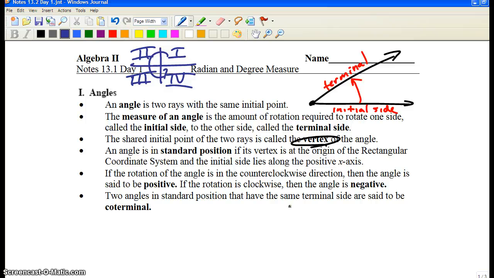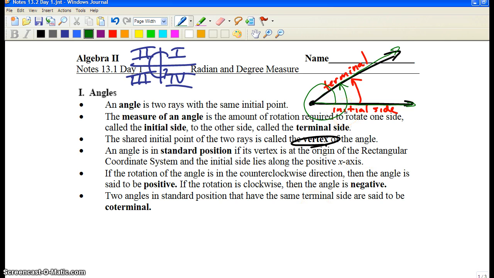Coterminal angles are angles that have the same terminating endpoint. So for instance, this is the terminal side of the black angle. If I draw a green angle, but instead of just opening it that much, I open up that much and keep going around one more circle to there.